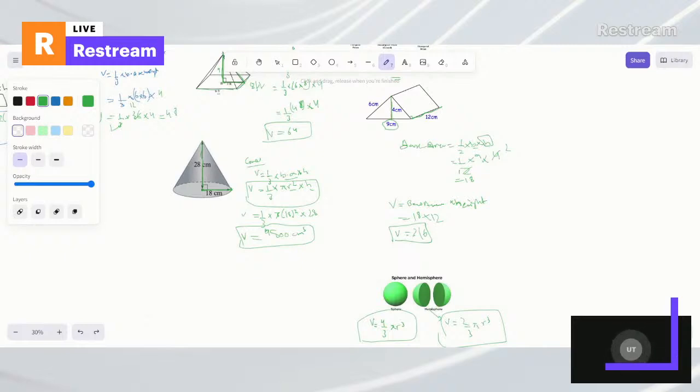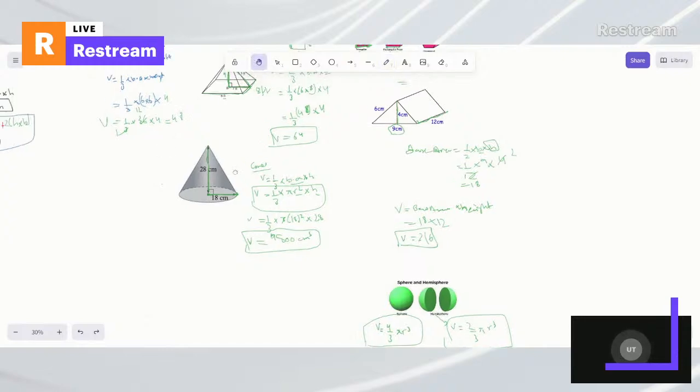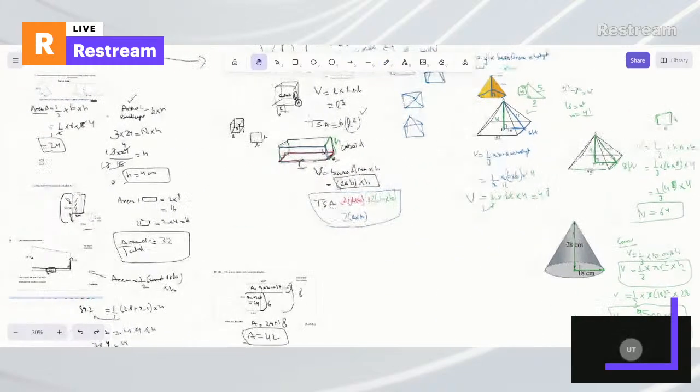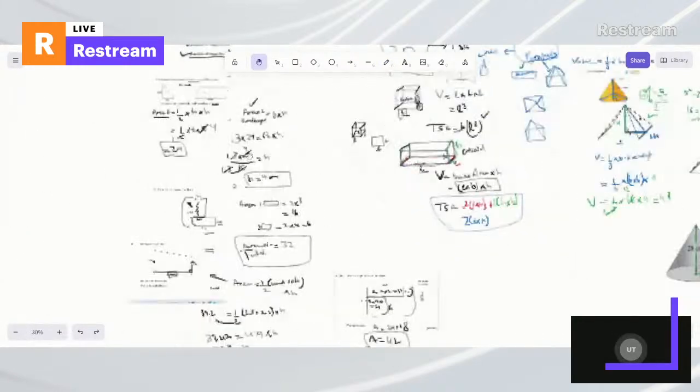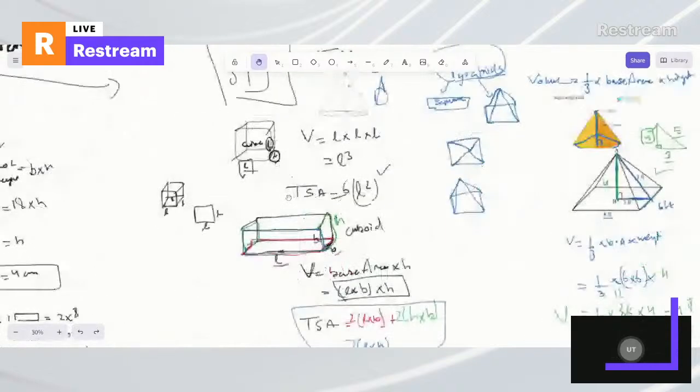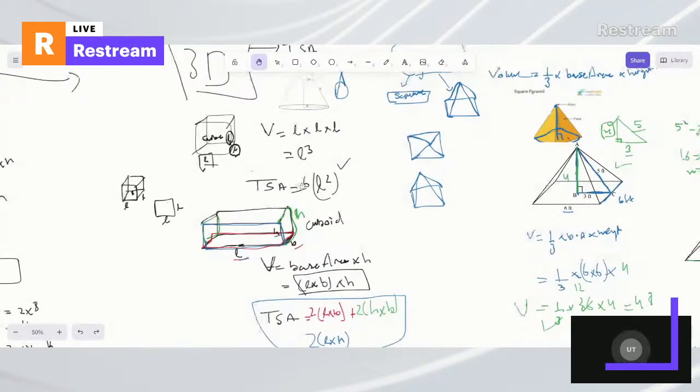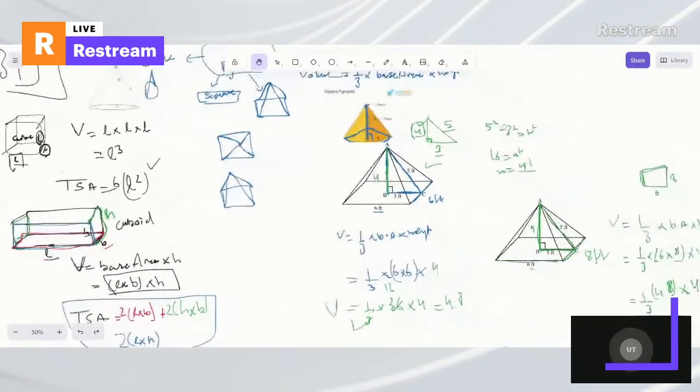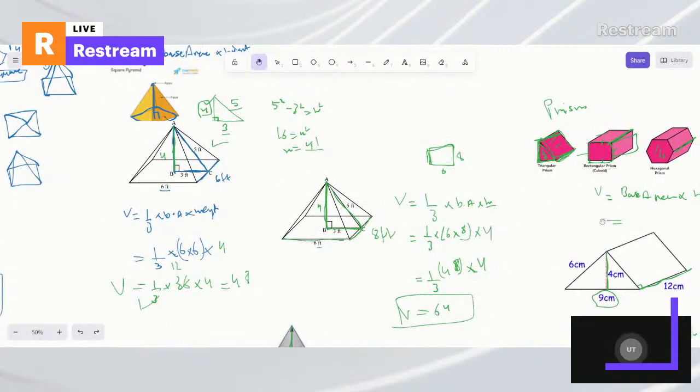We've done a couple of questions in the beginning regarding the 2D shapes, right? And then we went on to learning about 3D figures. We've done almost every 3D figure that is in our syllabus. We've not done the total surface area yet, which we're going to complete in the next class.